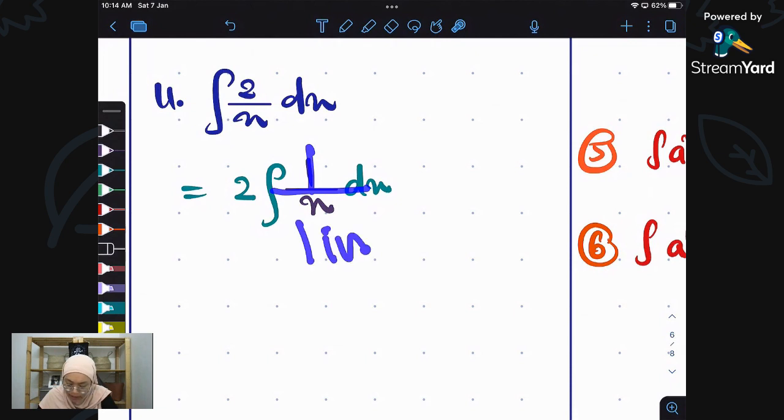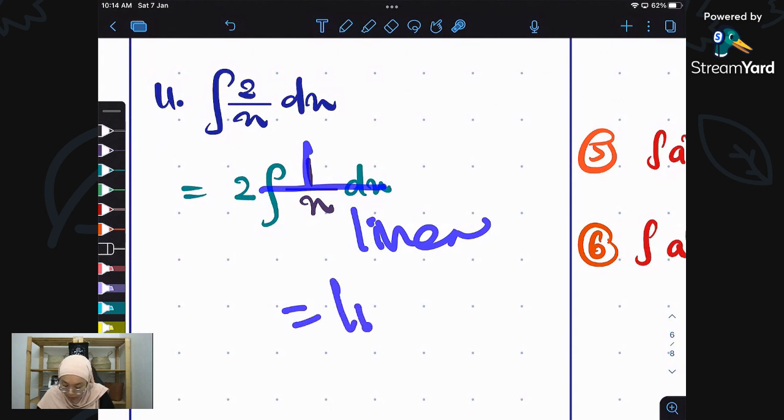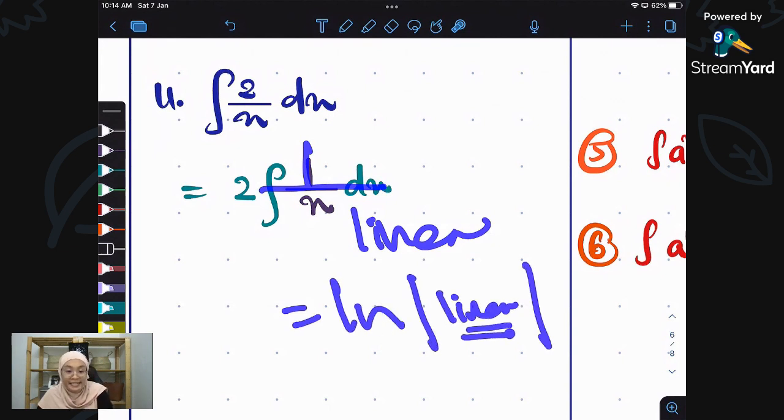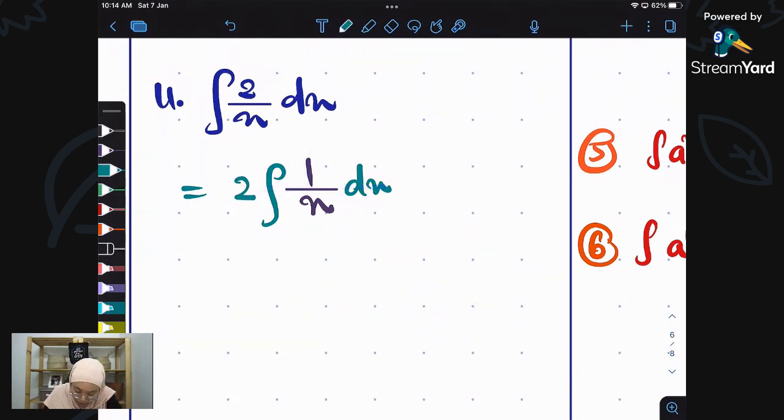Again ya, you kena hafal semua ni. Kalau tak you tak tahu buat. You must remember the soalan dan the jawapan. 1 over linear gonna give us a ln linear. Okay, a ln linear. That is the concept. And then plus c. And so you know that already. So the answer is 2 ln modulus x plus c.